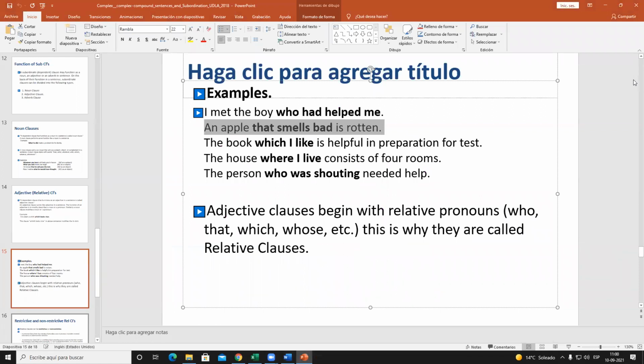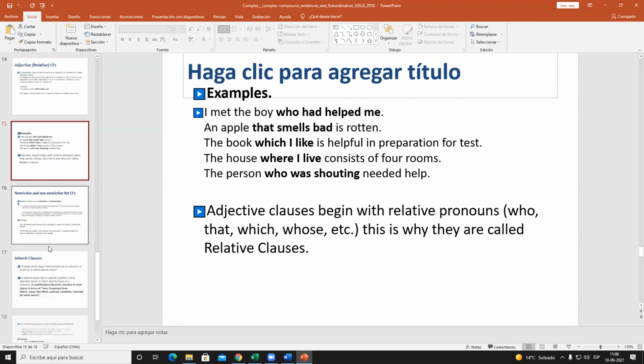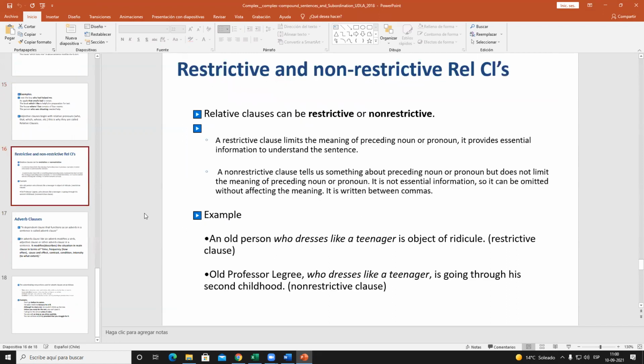Last point. Adjective clauses begin with relative pronouns: who, that, which, whose. And this is why they are called relative clauses. Relative clauses can be restrictive or non-restrictive, that is to say, adjectival clauses can be restrictive or non-restrictive. Be careful.